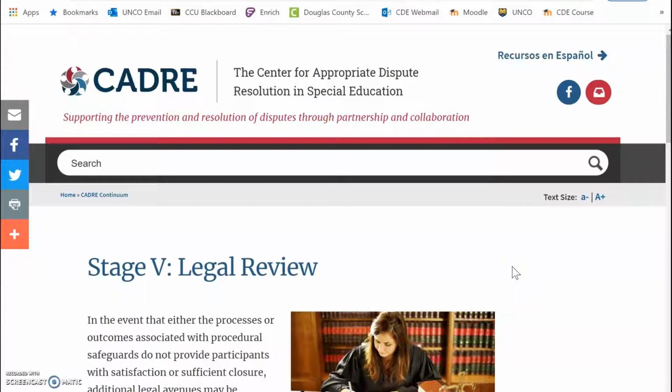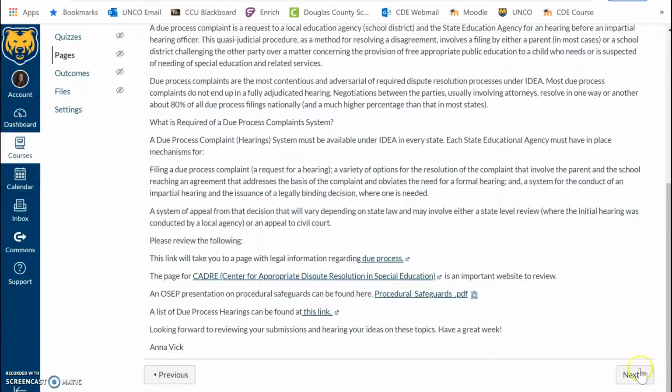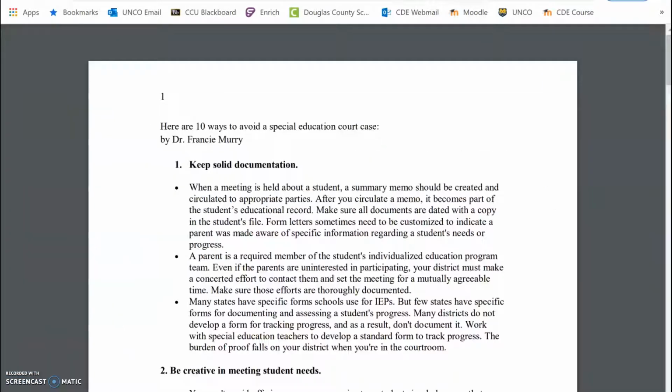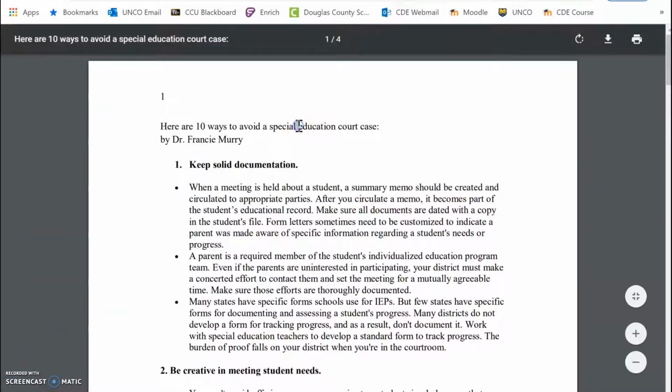So Cadre is a great resource. Please do use it, access it, take a look at it just to understand the progression of all of this. And there's a document here in the unit also from Dr. Francie Murray with UNC.